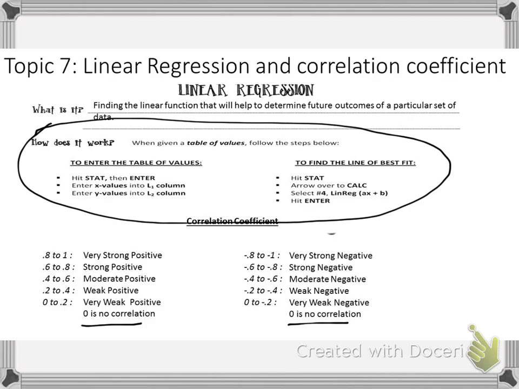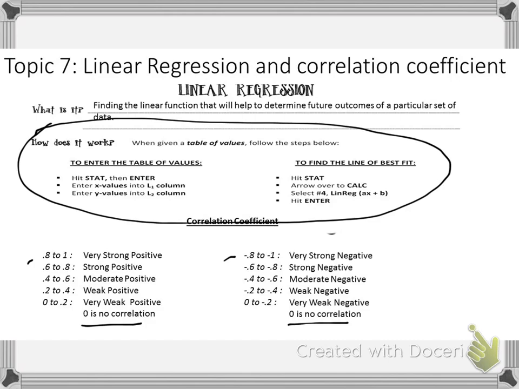And if you notice, as it goes down in number, it becomes weaker, okay? So negative 0.8 and 0.8 are both very strong. They are closely related, which gives me a better indication of what's going to happen in the future.